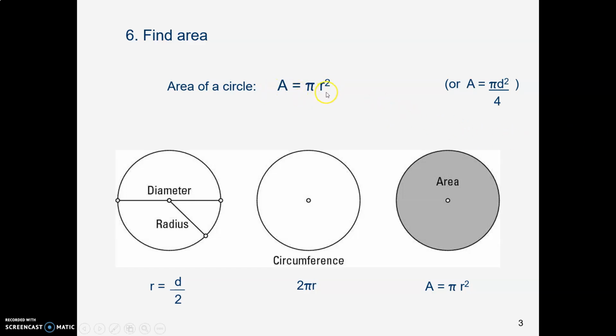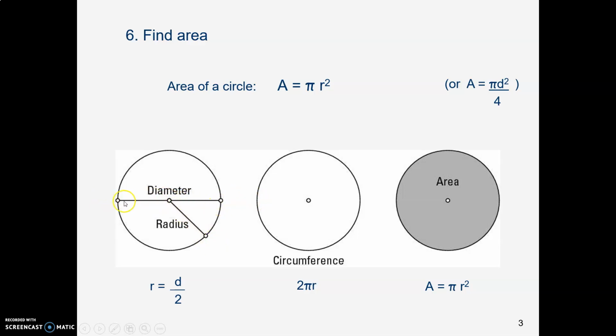If the area of a circle is pi r squared, could you just plug 1.5 into this equation? I hope you're thinking, no, I can't, because if it has a diameter of 1.5, that's not the radius. If it has a diameter of 1.5 all the way across the circle, how do we find what the radius is?